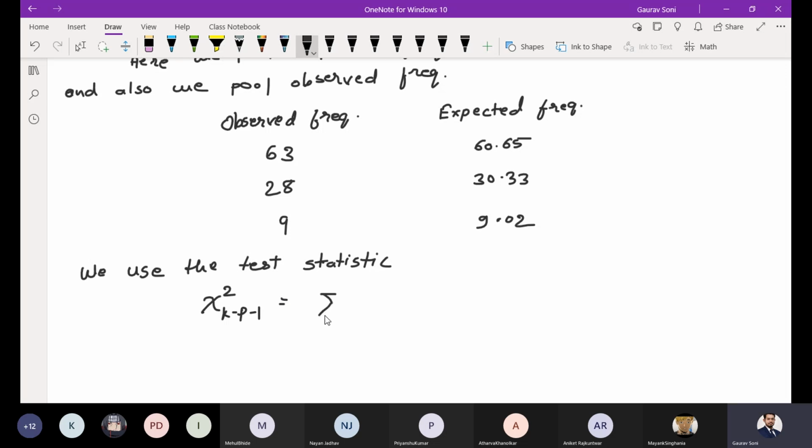The formula that we saw was summation OI square upon EI minus N, where N is the total frequency. In the question itself, it was given that it is 100. I is running from 1 to K.